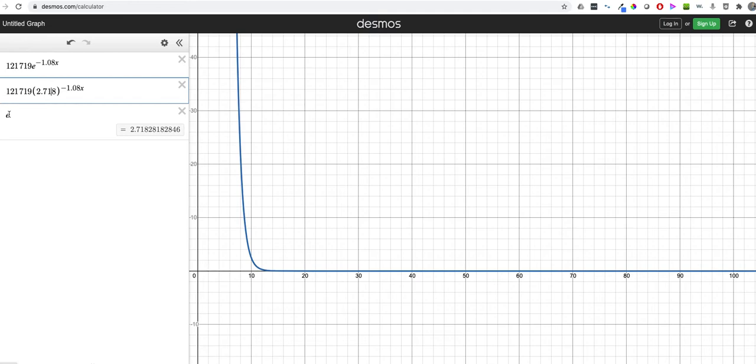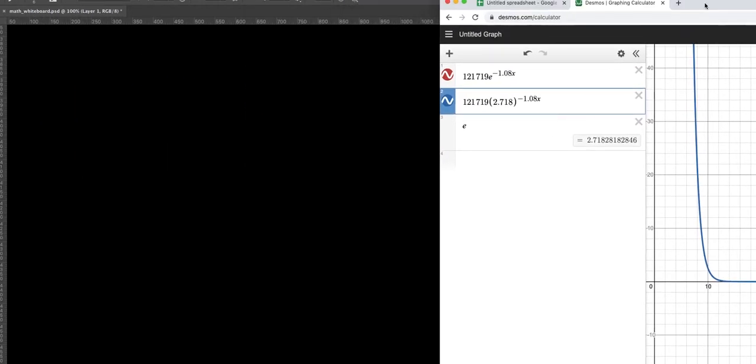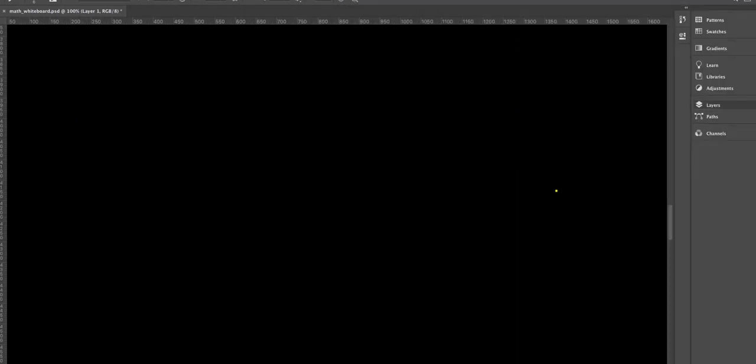There we go. So if we turn off the blue one, turn it on and off, we see it's roughly the same graph. Okay. So if you have to create a new model, this is the equation I want you to use. And then let's transfer that over here.